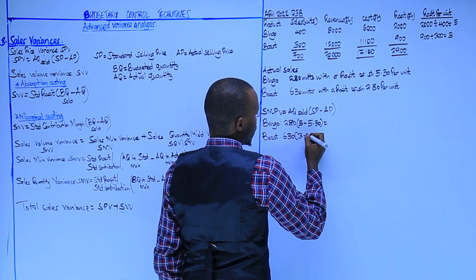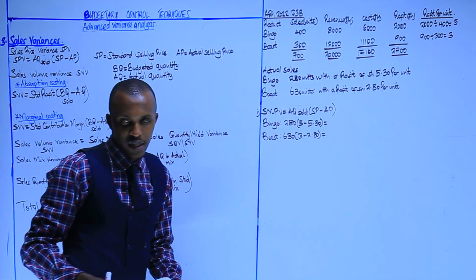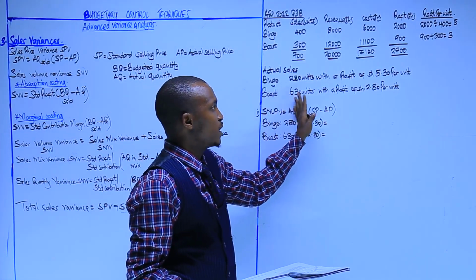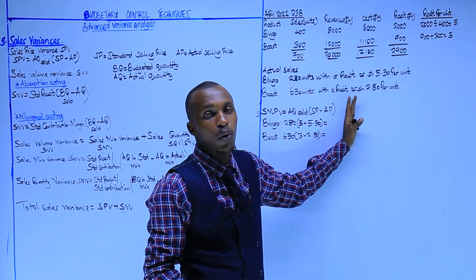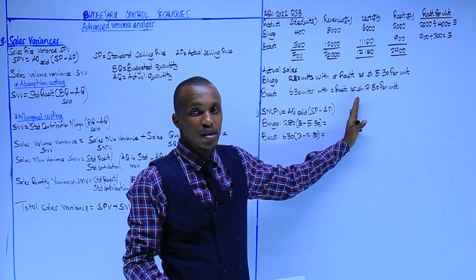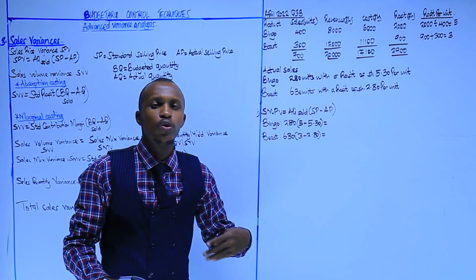3 minus 2.8. Let me clarify that in this particular question, for the actual values we've not been given the revenues, so there is no way we can determine our selling prices. We've only been given profits, so that is what we're going to use.